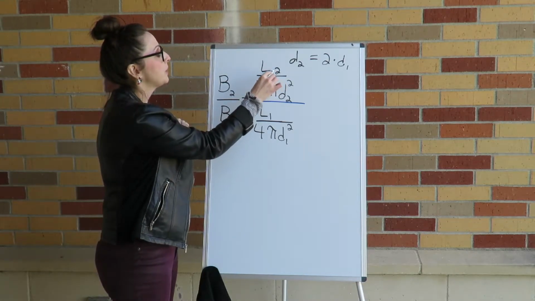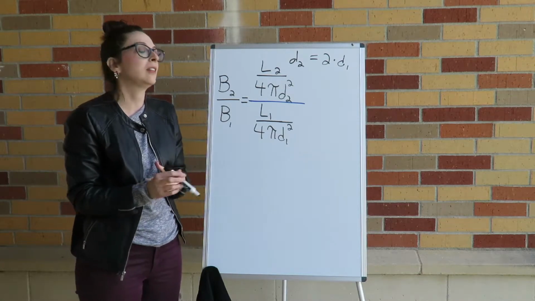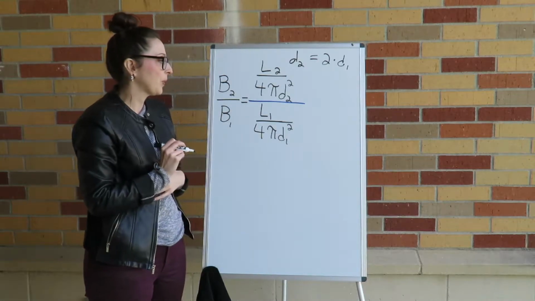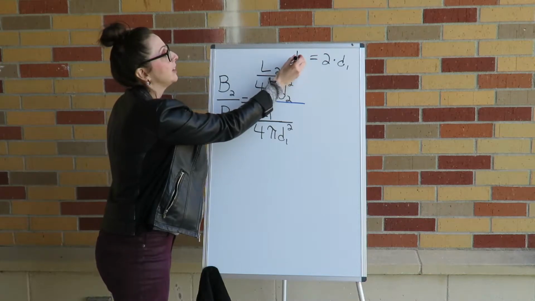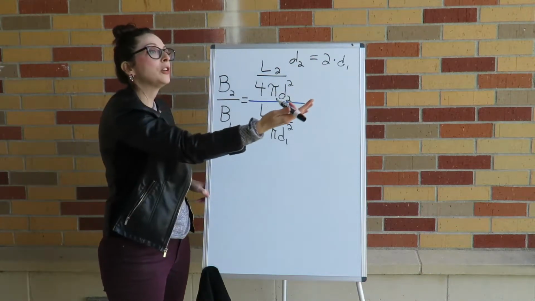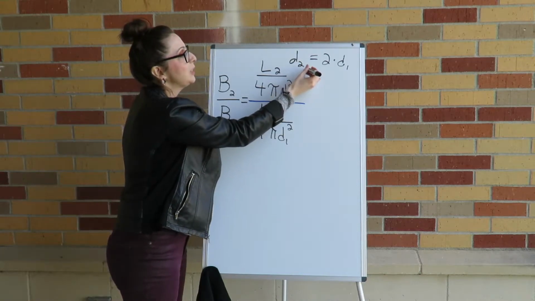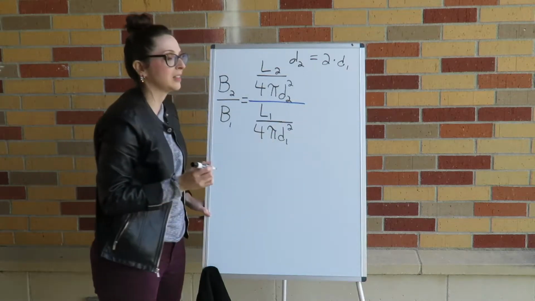So the subscripts here, 2 and 1 on both of these, just refer to the fact that this luminosity is for star 2, this distance is for star 2, okay? And also, since star 2 is twice as far away from us as star 1, we can say that d2, the distance to star 2, is equal to twice the distance to star 1.